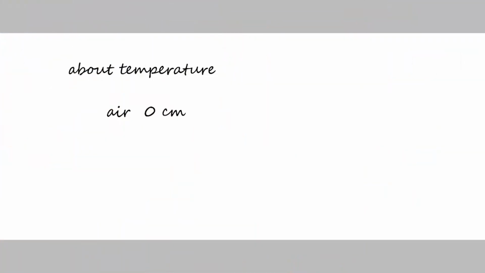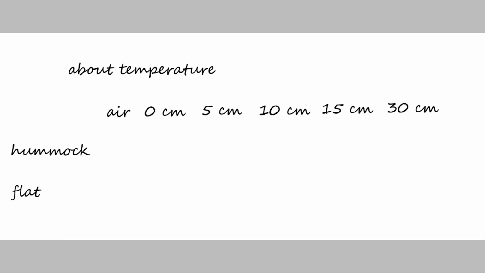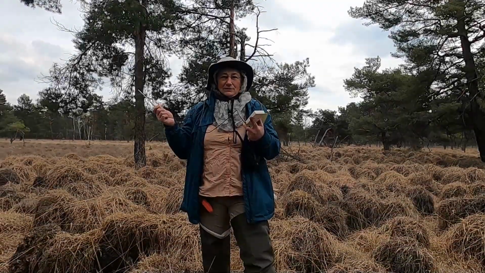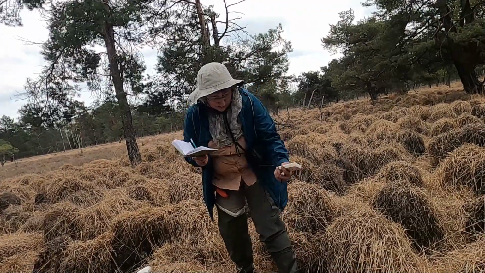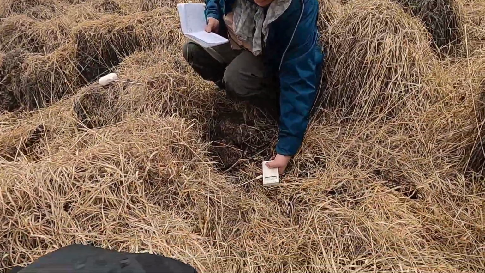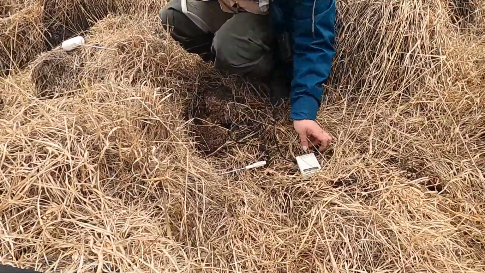We put the air temperature, the temperature on the surface, the temperature of the 5, 10, 15, 20 and 30 centimeters, and for the hammock and for the hollow or for the flat. On the 1.5 meters, 8, and then we put on the surface. On the surface. Yeah. First on the surface.